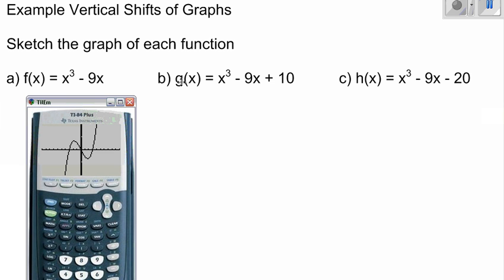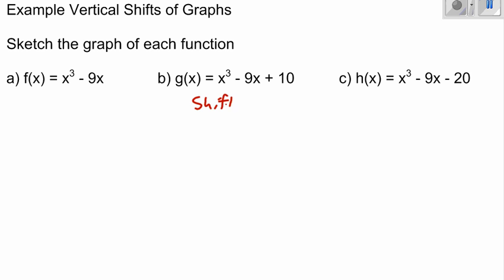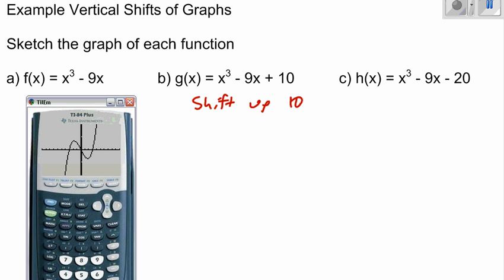If you look at part B, x cubed minus 9x plus 10, it's the same function, they're just adding 10 on to the back. So that should shift up 10 units. My window on my calculator is set to x goes from -10 to +10, y goes from -30 to +30, so we can get a good viewing window.